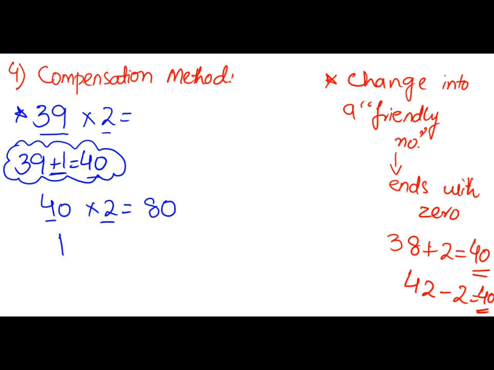Remember that you have added plus 1 here, so I will multiply this 1 by 2 as well. It will give me 2. As we have added this plus 1 to change 39 into a friendly number, we will subtract these two values.